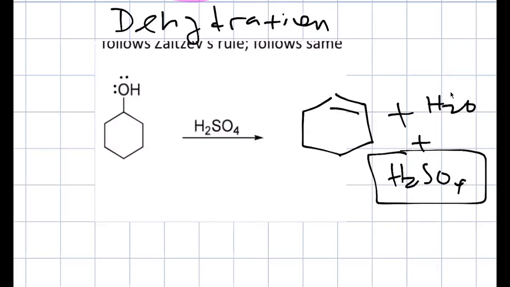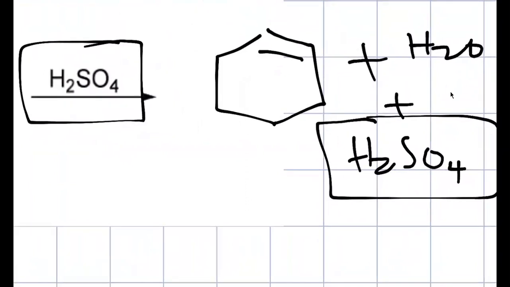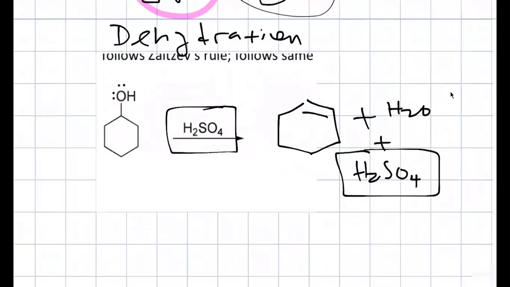the acid that you started with, regenerated. So that acid is acting as a catalyst, and it's not going to get consumed. It's only going to facilitate the reaction. So let me put that in here.